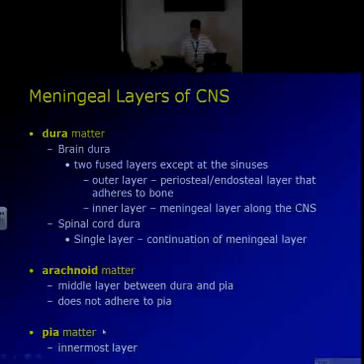And then last but not least is the pia, this saran wrap that follows every little convoluted fold of the CNS and really is the last invagination, if you will, of the penetrating blood vessels. We've got a blood-brain barrier here to worry about, and the junction of this as the vessels go through. Eventually, they have to poke through this pia to get into the actual CNS cellular structure.